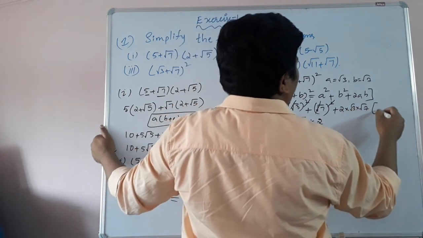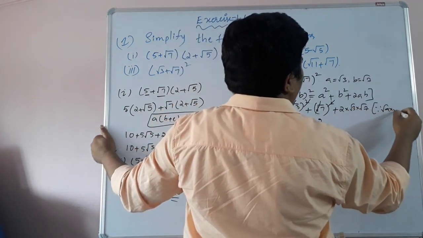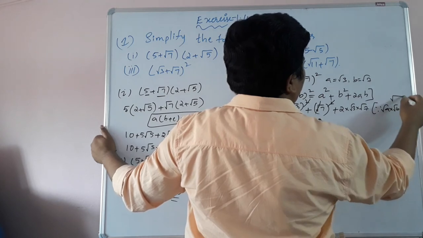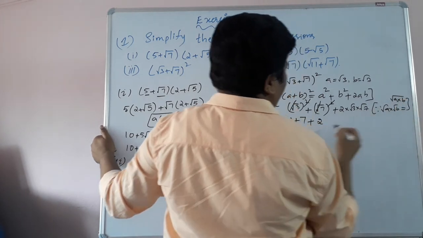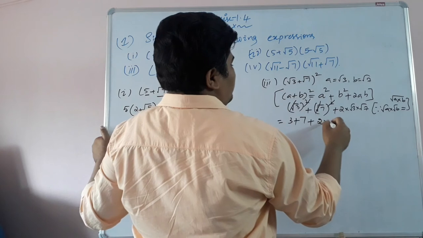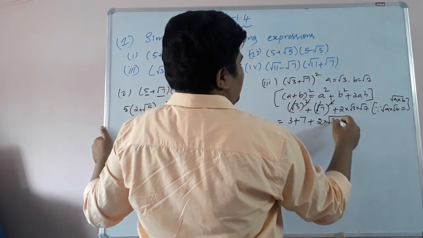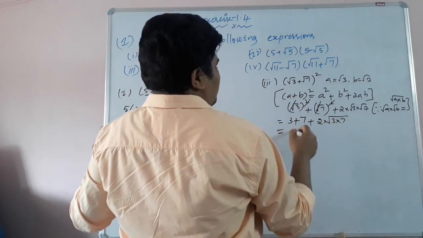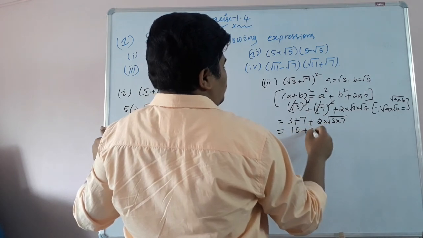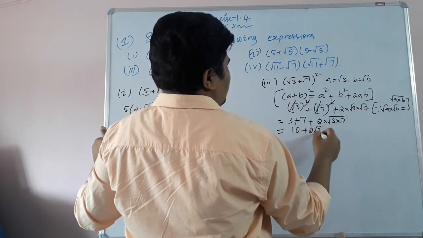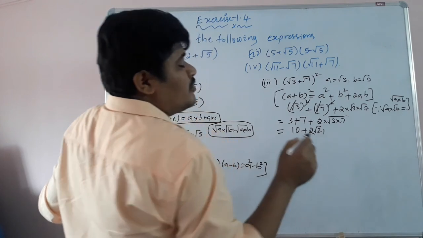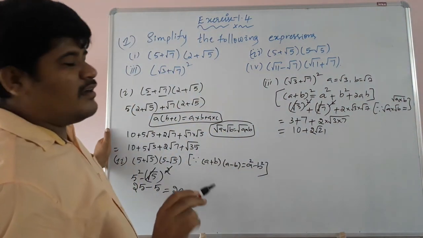So we can use this formula: under root A into under root B is equal to under root of A into B. So we can write it as 2 into under root of 3 into 7. So 3 plus 7 is 10, plus 2 root 21. So 10 plus 2 root 21 is the answer.